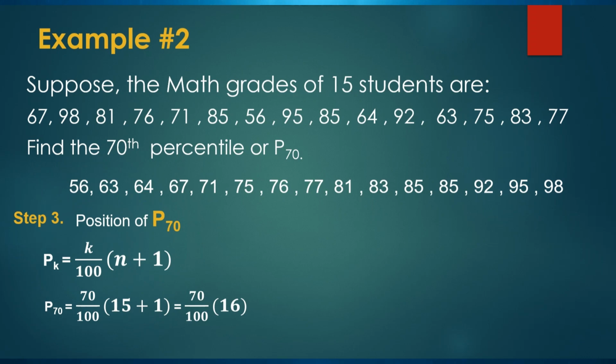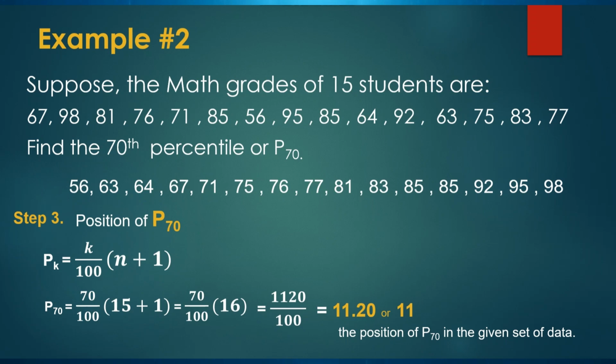So multiply natin. 70 times 16 is equal to 1,120. 1,120 divided by 100 is equal to 11.20, or rounded down is 11. So therefore, our P70 is the 11th element, or the 11th position.